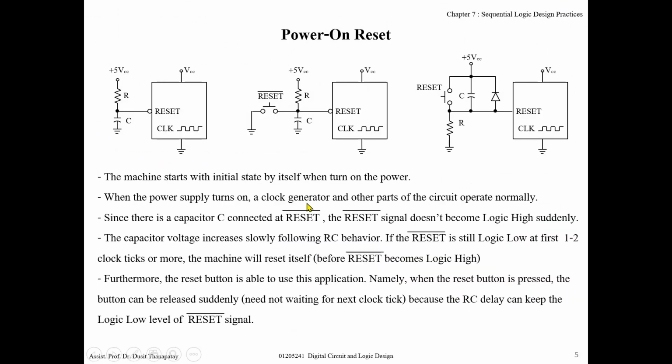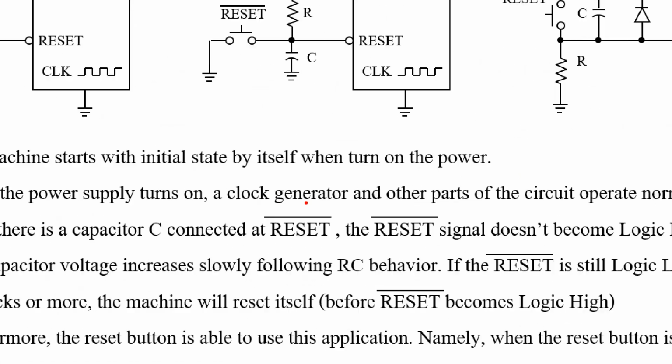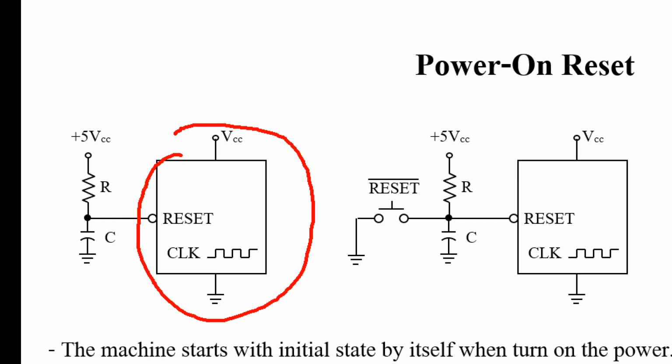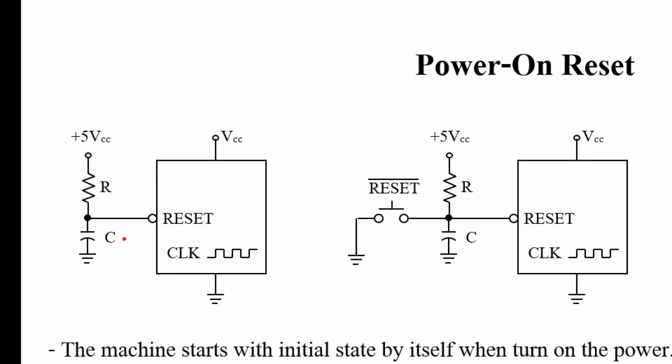Okay, and this topic is talking about power reset. What is it? At first, let's consider some state machine that has some clock and reset, maybe synchronous. At first, let's consider if there is no this capacitor, and if the reset is active low, synchronous.